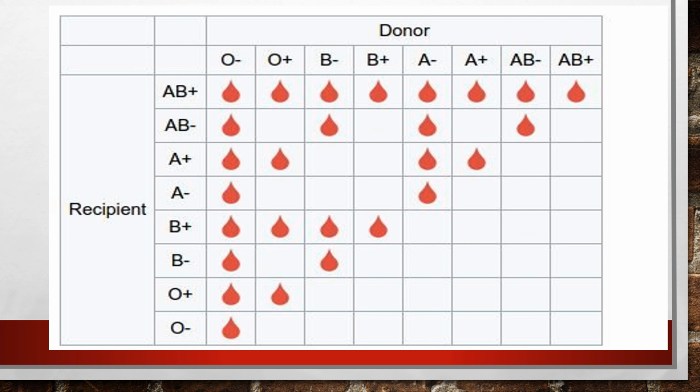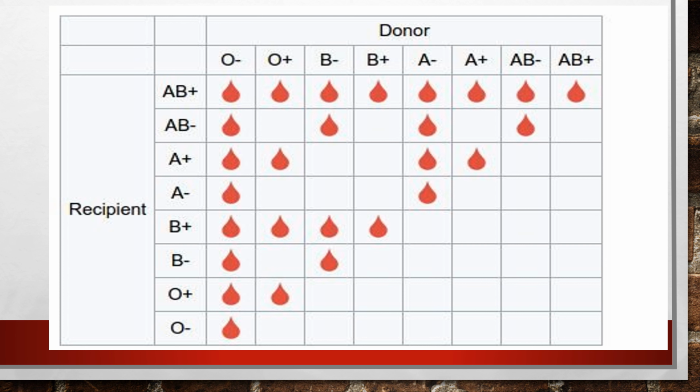A positive can take from O negative and O positive both, and A negative and A positive both. A negative can only take from O negative and A negative. B positive can take from O positive and negative, and B positive and negative. Whereas B negative takes blood only from the person who has O negative and B negative.